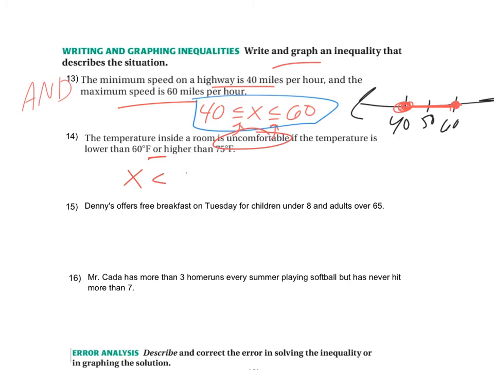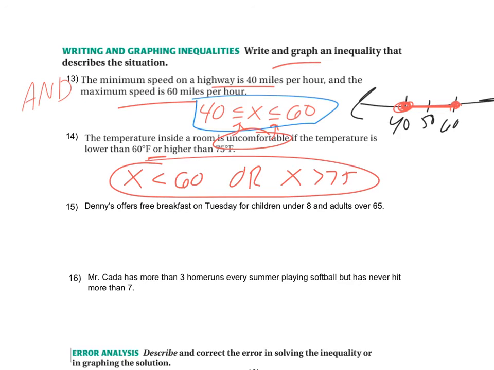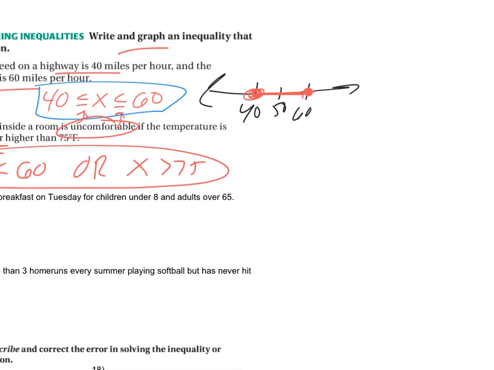If I want it to be lower than 60, that's less than 60, correct? So x is less than 60. Or the other uncomfortable temperatures, if it's higher than 75. So if the temperature is higher than 75 degrees, x is greater than 75. There's your OR compound inequality. It's just two little inequalities by themselves.